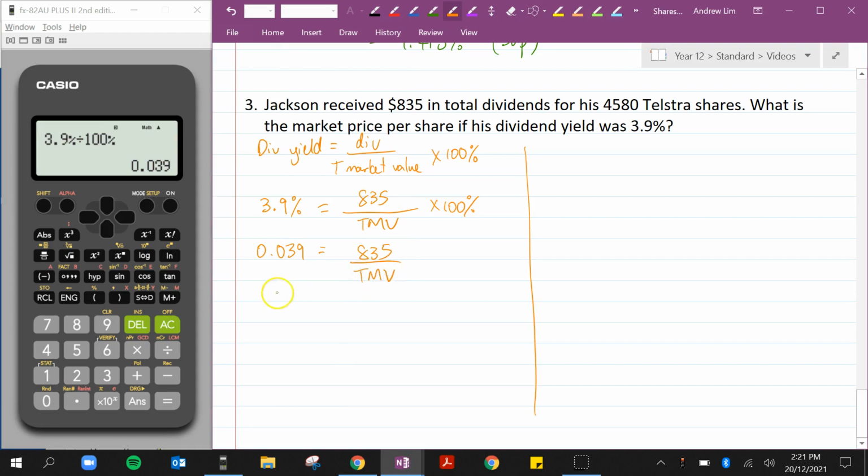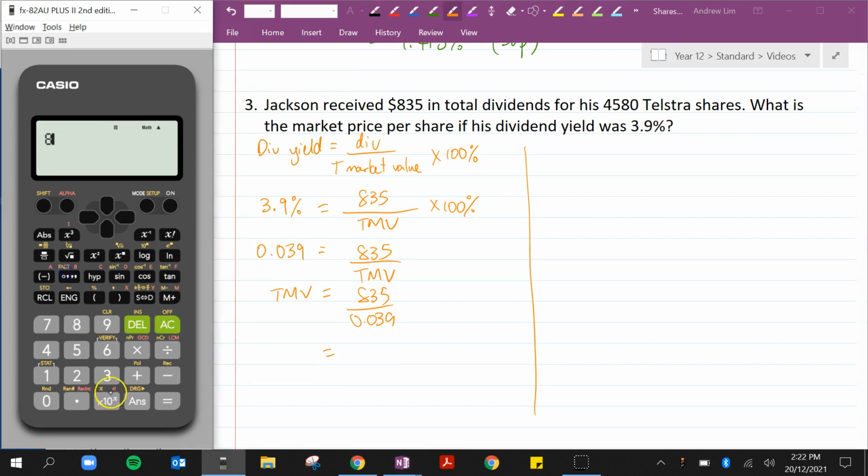So if we want to work out the total market value, I'm going to swap these two. 835 divided by 0.039, giving me $21,410.26. So that's his total market value.